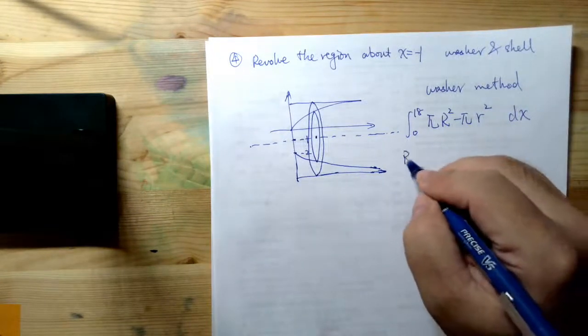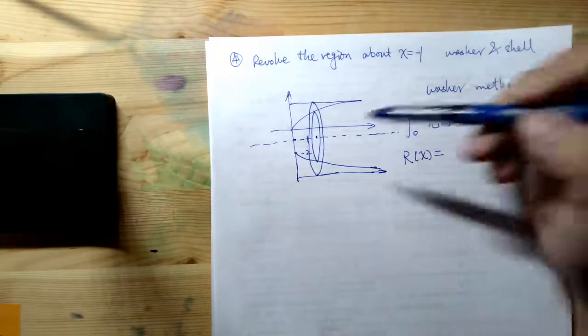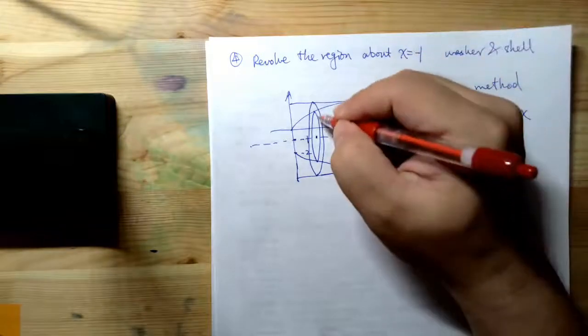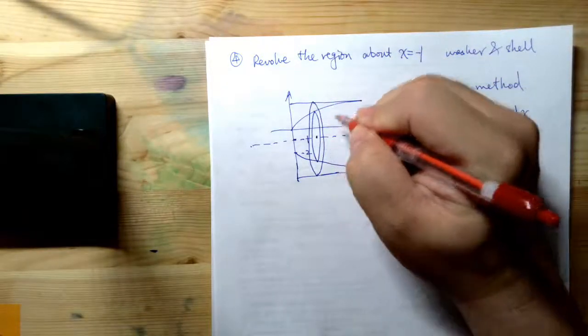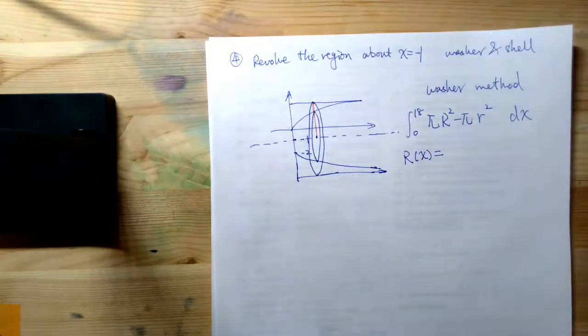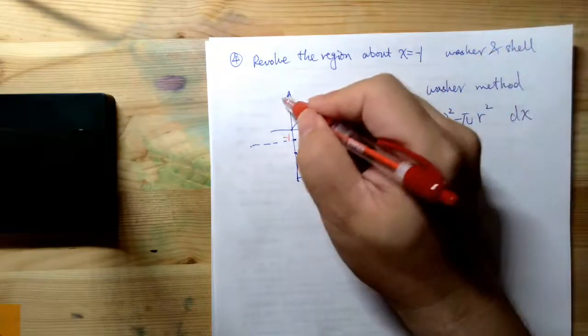So our capital R of x in this problem, as you can see, it's a distance. Maybe use different. So this capital R, actually it's this length. Okay, so this is -1. Okay, so this is 3.